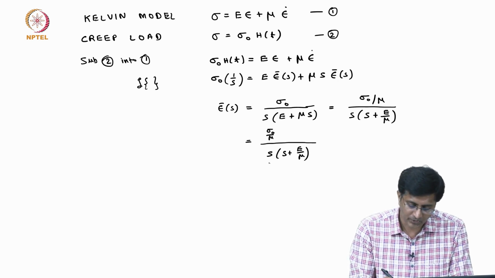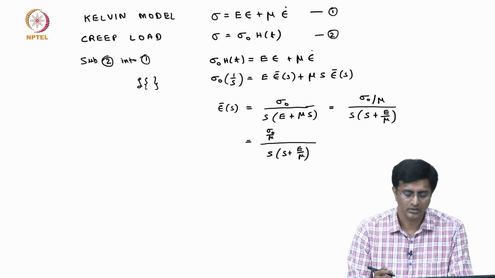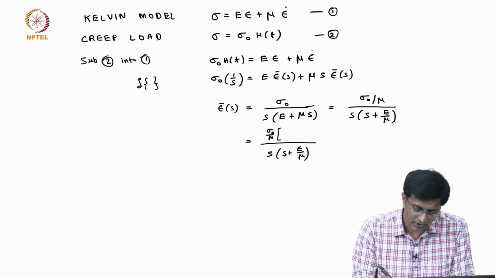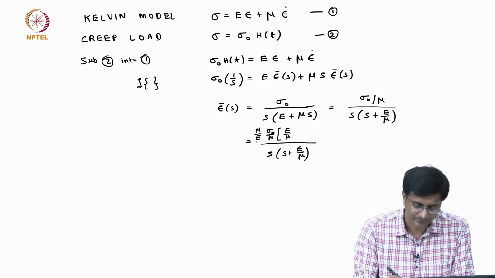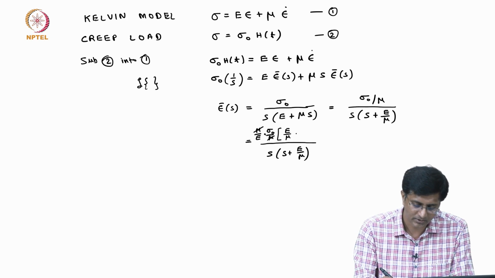So, let us try to get this E by mu in the numerator, then we can add and subtract s, like what we have done for the Maxwell models. So, how do we get E by mu here? We again multiply with mu by E. So, these mu and mu cancel out each other, and now I can add and subtract s.